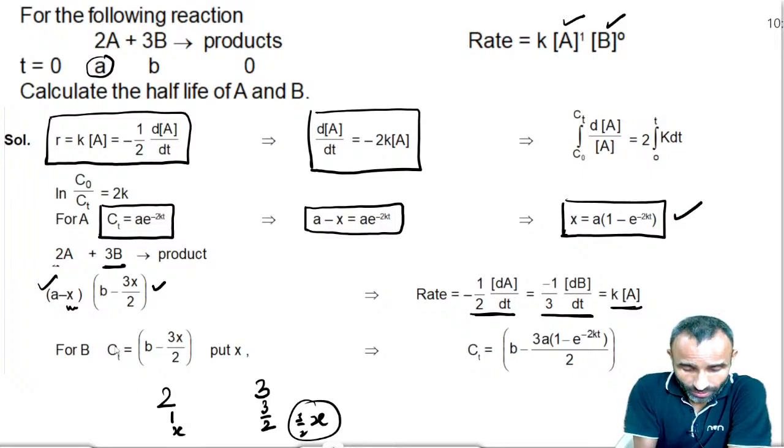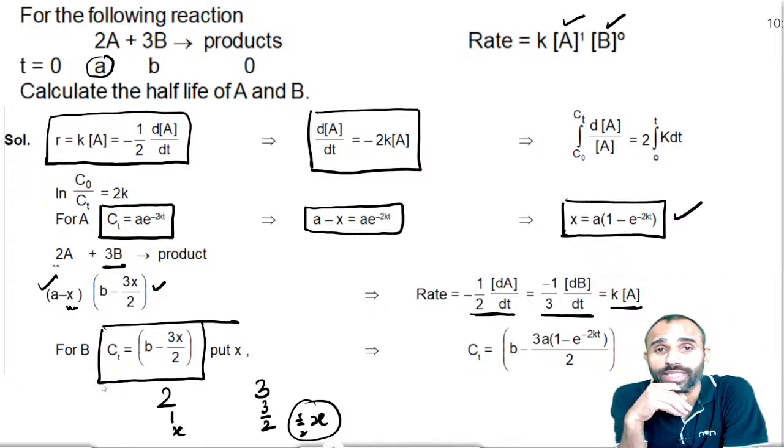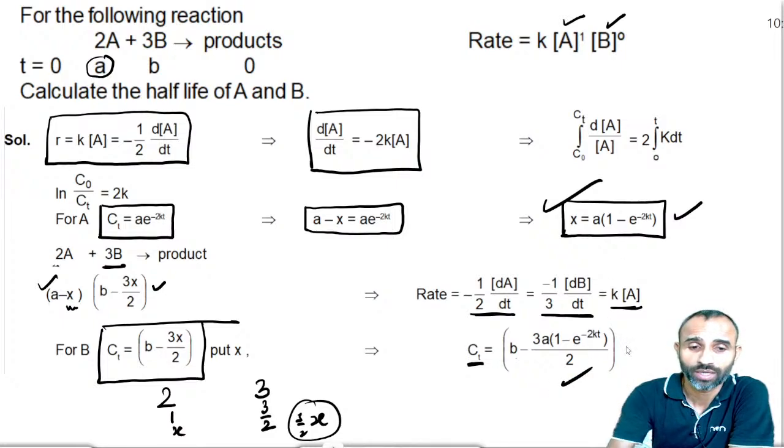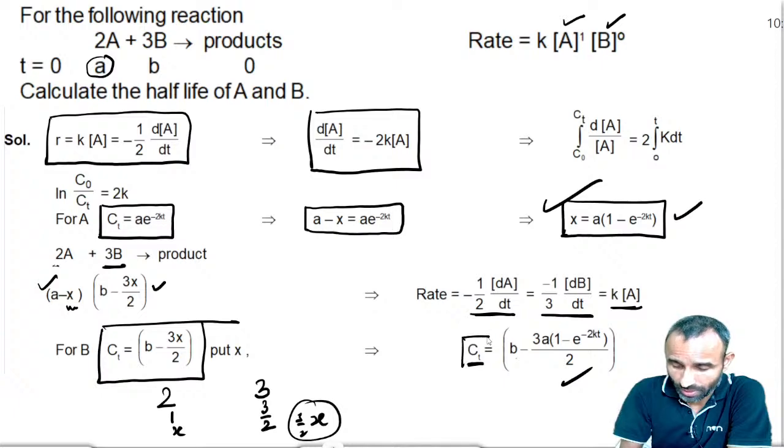For B, it is B minus 3x by 2, and x you know is the same, a into 1 minus e raised to power minus 2kt, equal to B minus 3a by 2 into 1 minus e raised to power minus 2kt, is the concentration of B after time t.